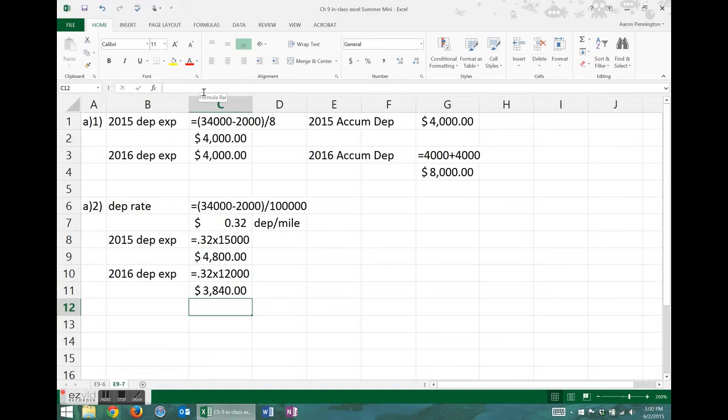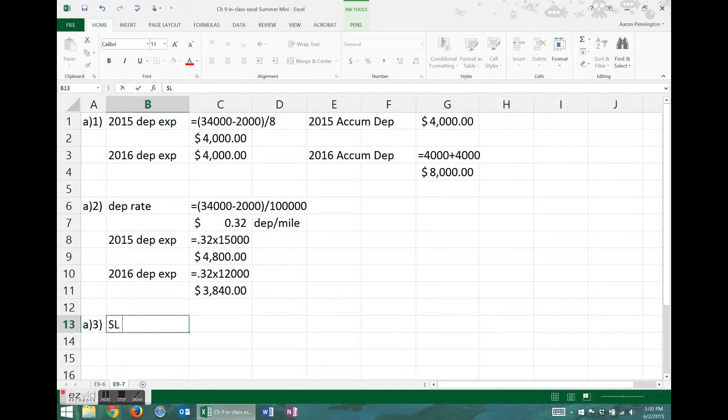All right. Double declining balance method. This is an 8-year asset, so we do need to calculate the straight line rate. And then, of course, once we get that, we'll double it.